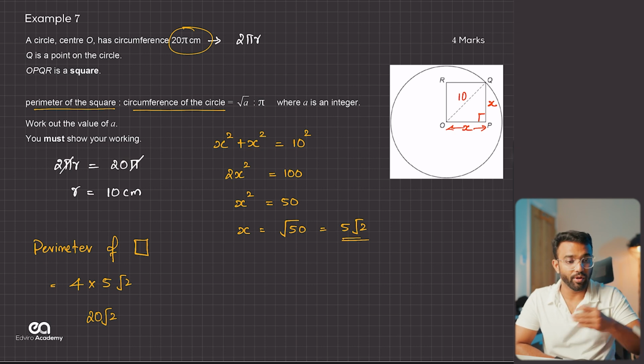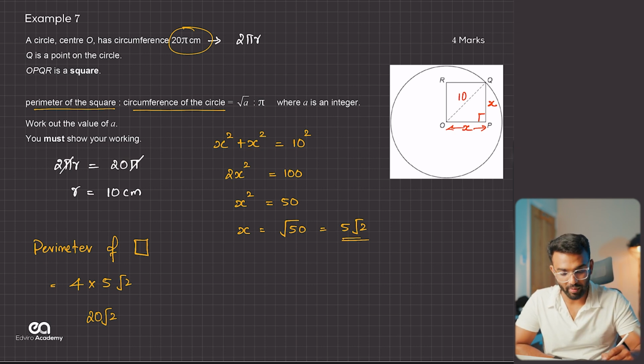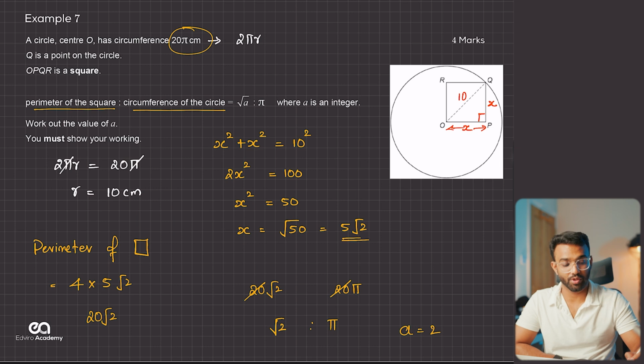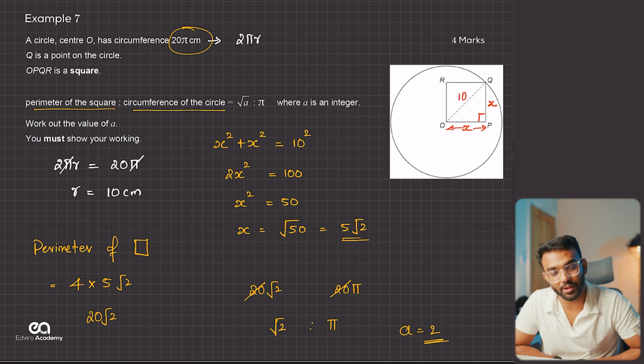So we will put it in a ratio format, and what would that be? 20 root 2, and we also have 20 pi, right? So the 20s can be cancelled, which means if you put it into a ratio format, this is root 2 is to pi. So the value of a is simply 2 right there. And that's how you solve this question, guys.